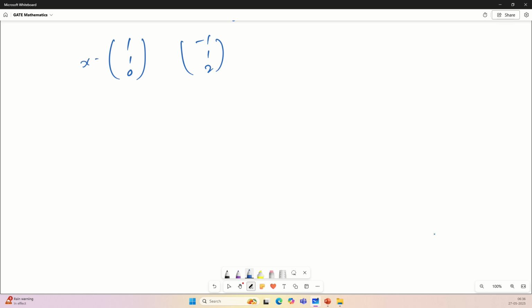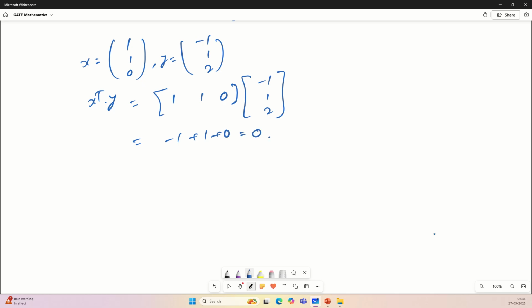So let us say this is my x and this is my y. So x transpose into y, can you find out very quickly? So that will be equal to 1 1 0 multiplied by -1 1 2. So if you do that, 1 into -1 is -1 plus 1 plus 0. So that is going to be equal to 0. So you can say x and y are orthogonal.